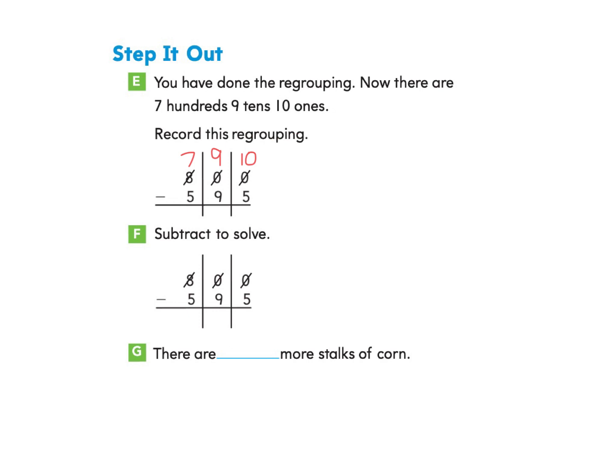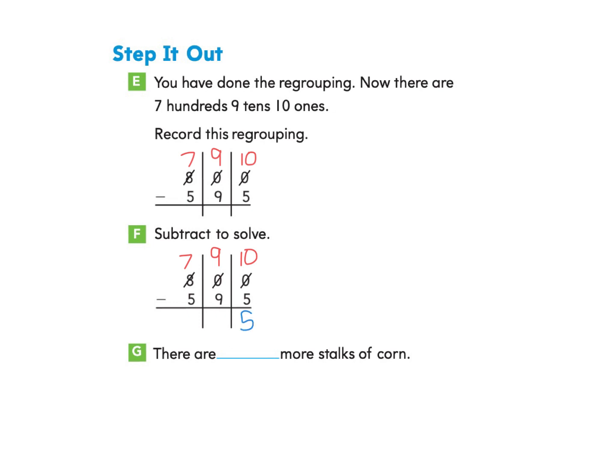Part F says subtract to solve. So again, we're going to need to write that regrouping above this problem, and then we can go ahead and subtract to solve. You may want to pause right now and try this on your own and come back, or you can follow along with me. 10 take away 5, we know is 5.